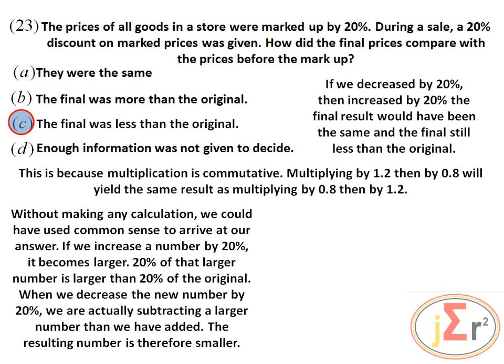When we decrease the new number, which is the large one, by 20%, we are actually subtracting a larger number than we have added. Is that right? Of course it is right. It is correct because we are subtracting a larger number from the number that we have right there.